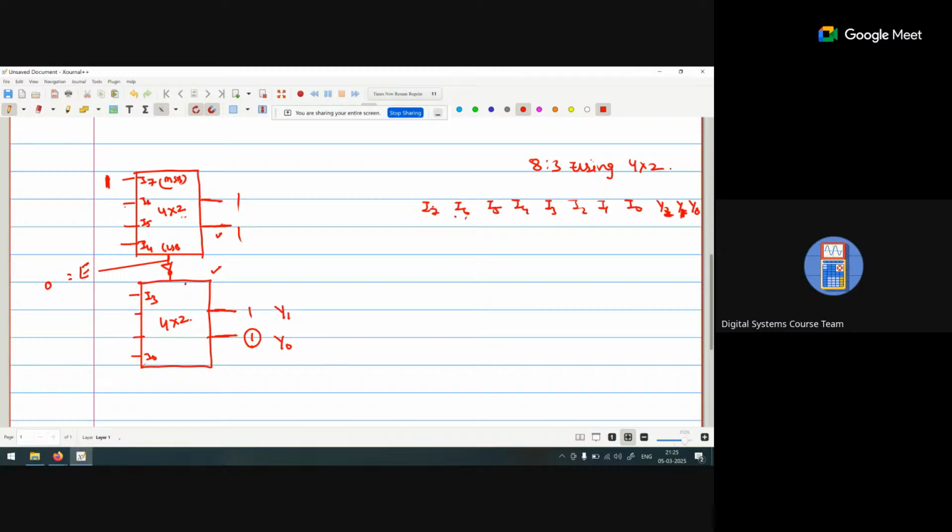Clear? Can you repeat it? Yeah. Now what we do is we just connect the enable pin, because in the decoder or encoder the enable is very important.